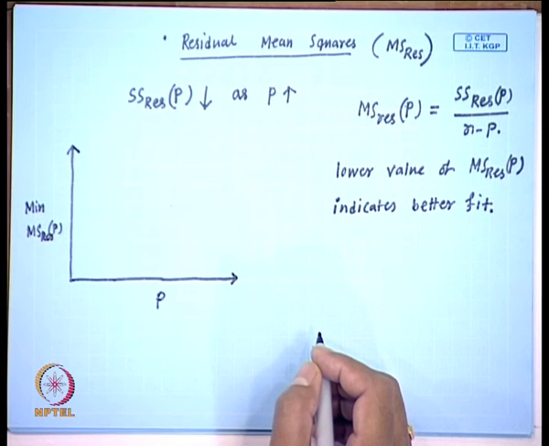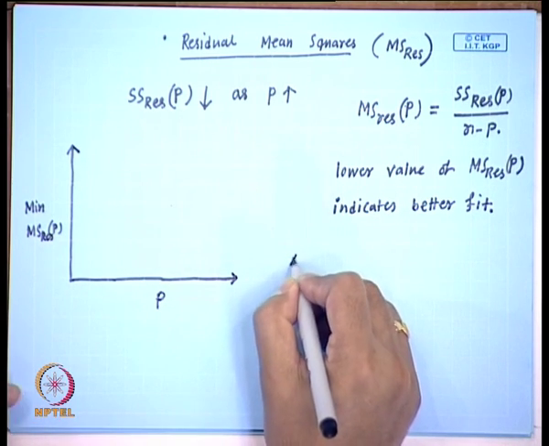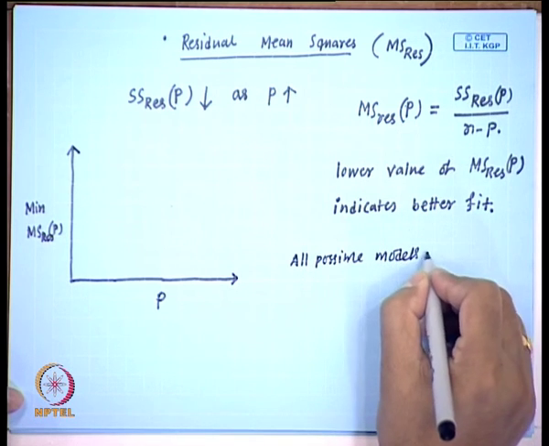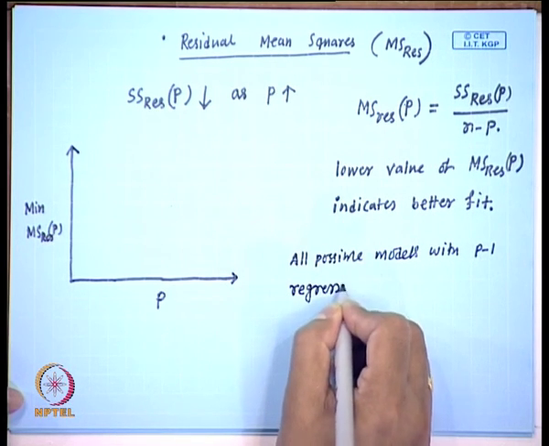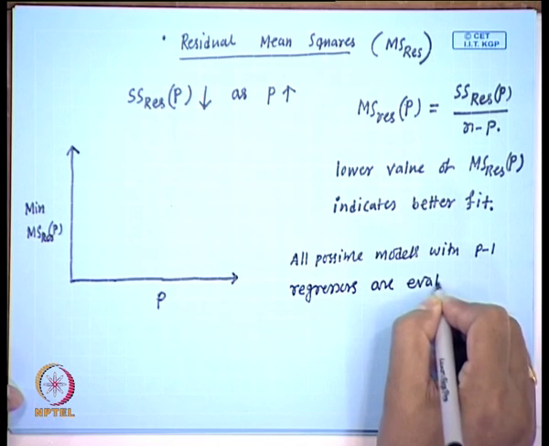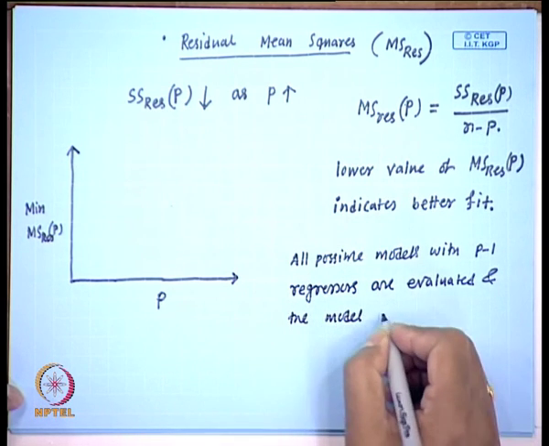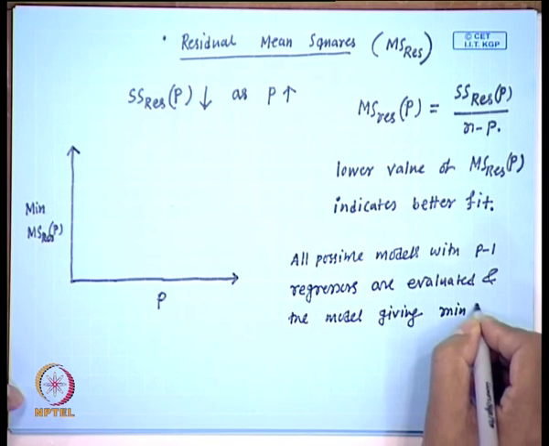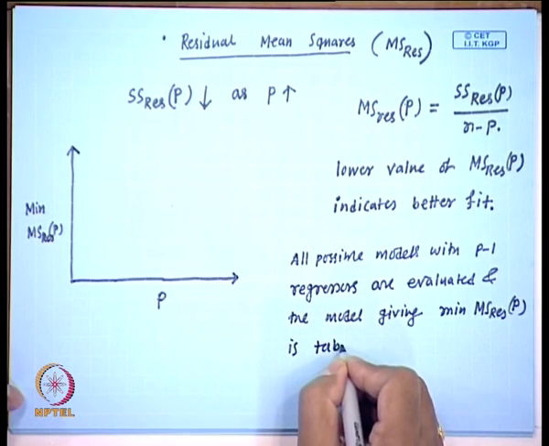Given a p, all possible models with p minus 1 regressors are evaluated, and the model giving the minimum MS residual p is tabulated.